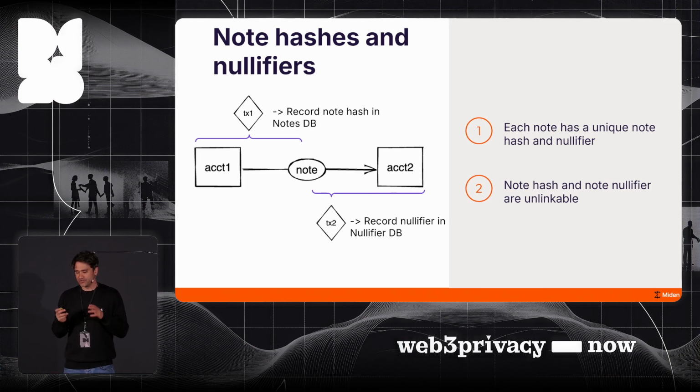The nullifier and the node hash are not linkable, meaning that if you don't have the full node data, you cannot compute both, because each is a hash of a different subset of the data. Only when you have the full node data can you compute the nullifier. Therefore you don't see that a certain node is consumed.